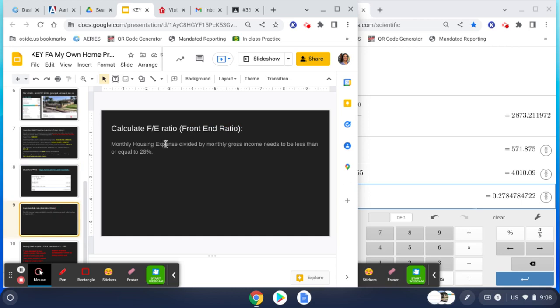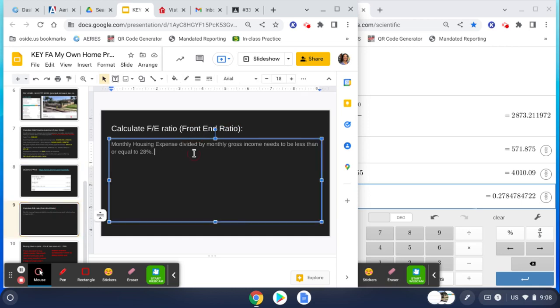Okay, and then your front end ratio, we just did that calculation on the slide before, is 4010.09 divided by 14,400, and that was 0.278.